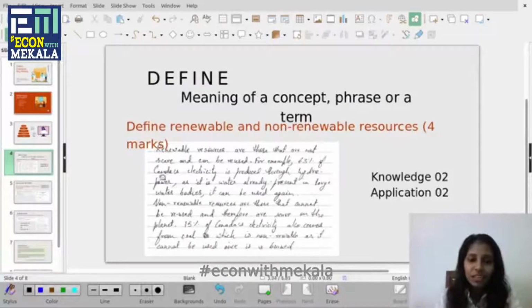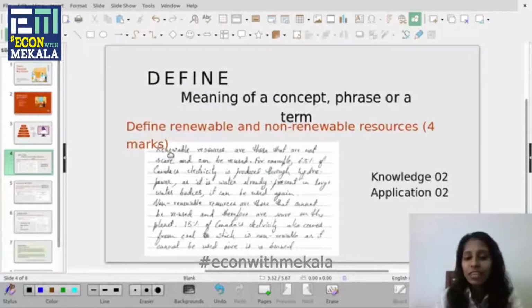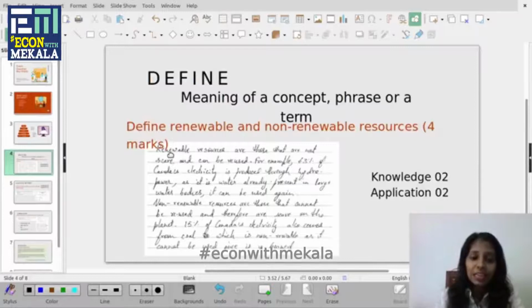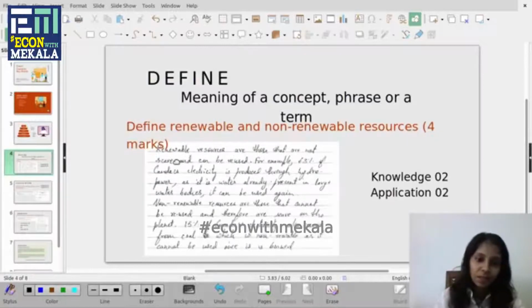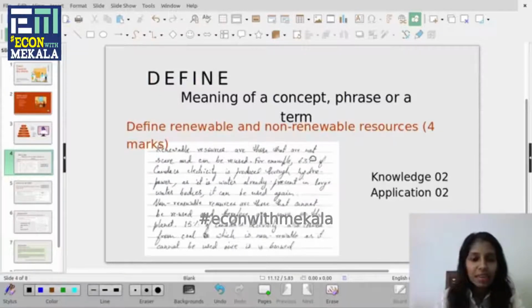Now when you read this answer, you can see he has demonstrated his knowledge skills. He is telling us what is a renewable resource, that it is not scarce. So that statement says he knows what renewable resources are.